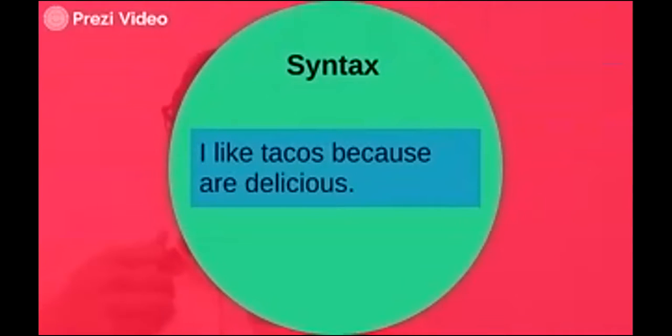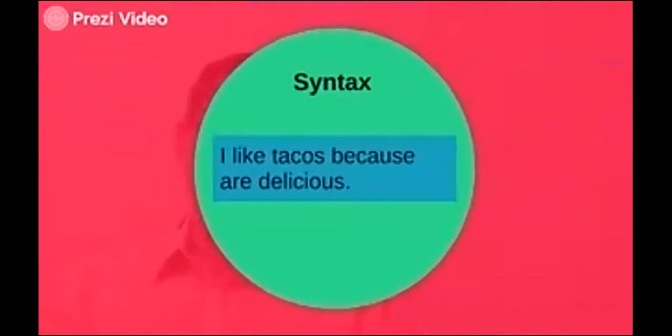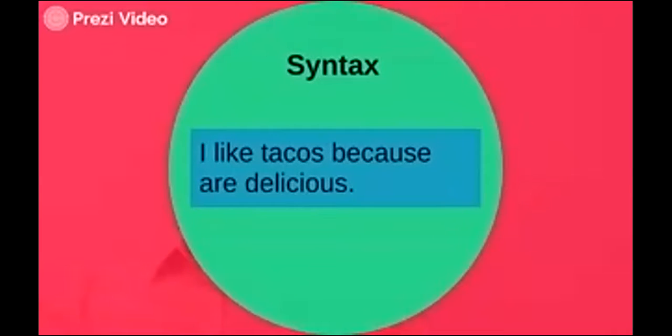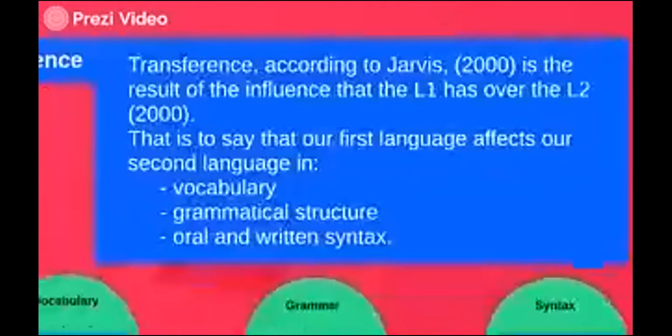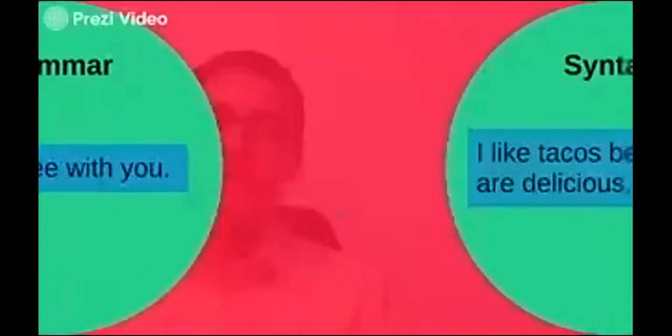So the correct way should be, "I like tacos because they are delicious." So here we can see that these are 3 examples of how vocabulary, grammatical structure, and oral and written syntax are affected by transference. So the first aspect we're seeing is transference.